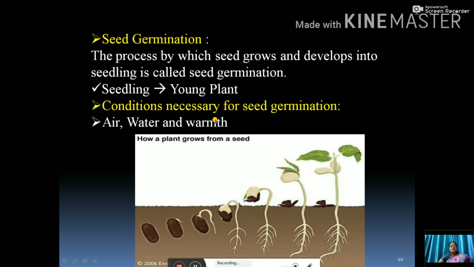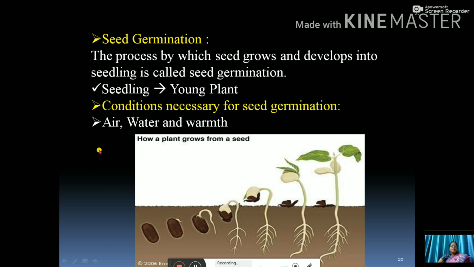Heat is necessary. And children, in the previous class I told you that in the next class we have to study about the seed. So have you prepared that soaked seed? That was your homework. If you have done it, then again I am giving you an activity: take some gram seeds that are easily available in your kitchen and take 4 dishes.